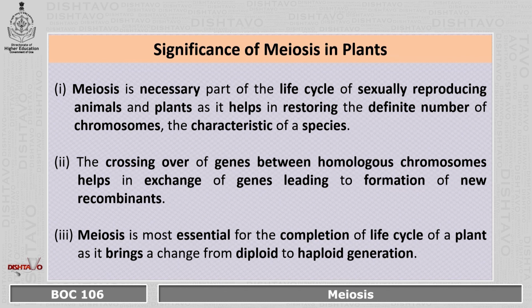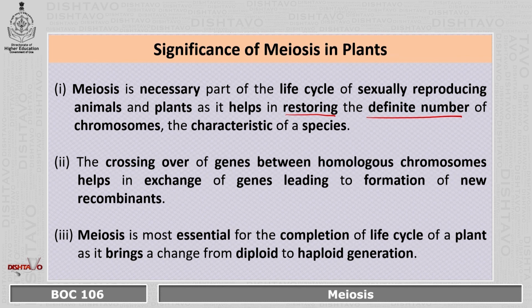Let us see the significance of meiosis in plants. Meiosis is a very necessary part of the life cycle of sexually reproducing animals and plants, as it helps in restoring the definite number of chromosomes, the characteristic of a species.